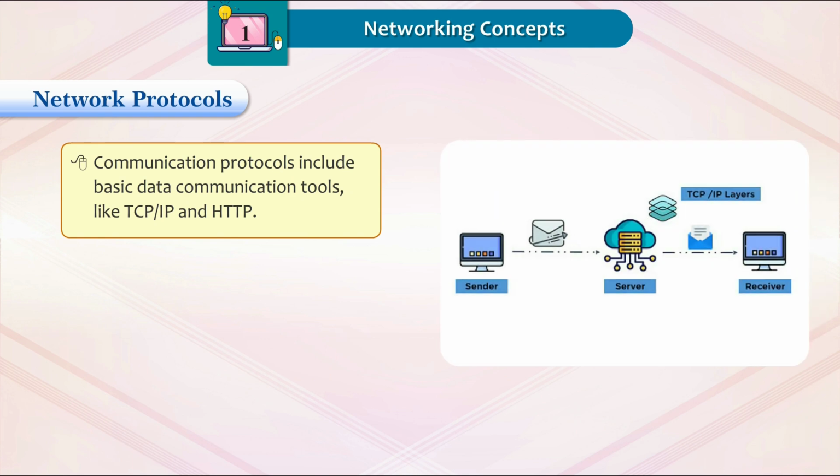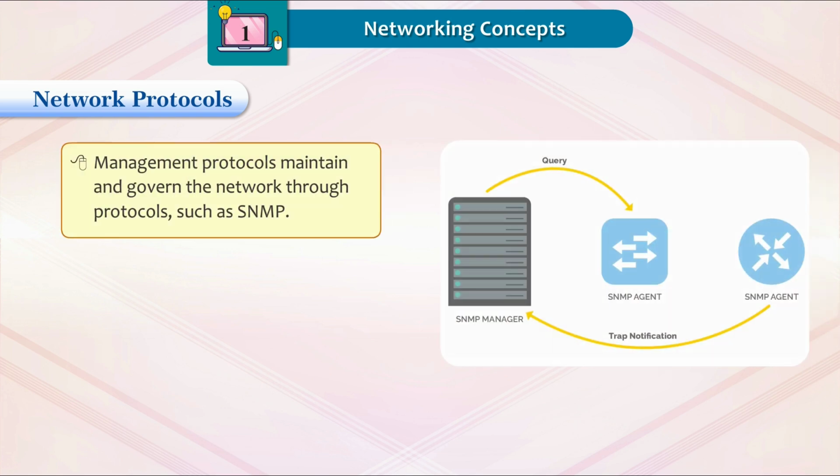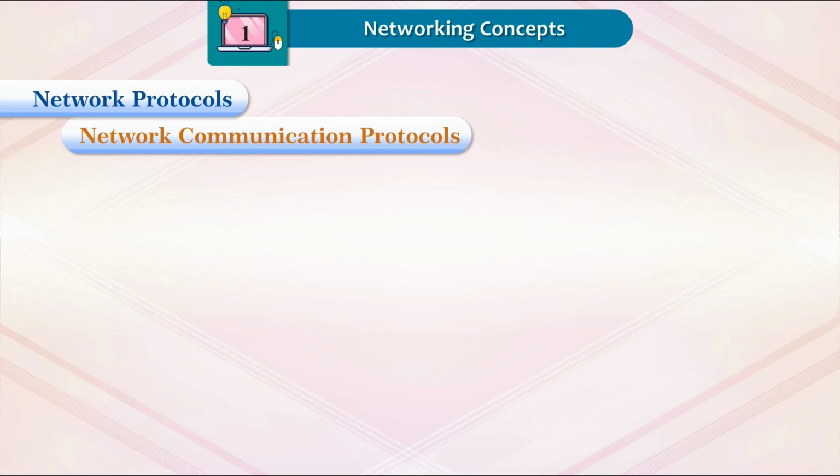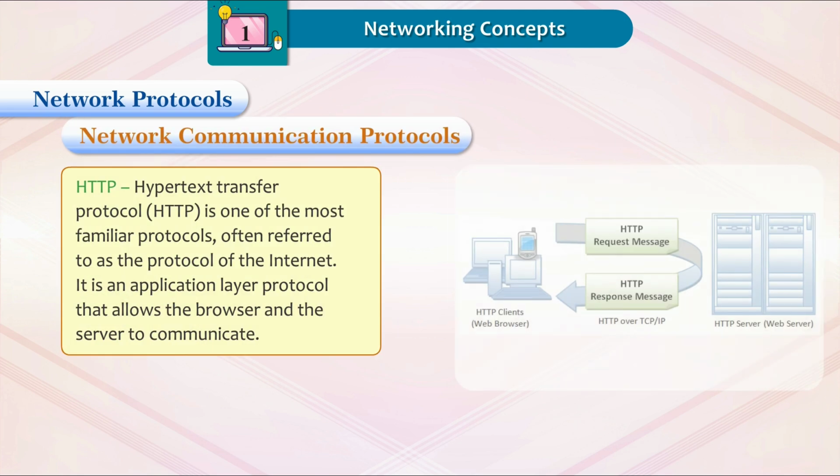Communication protocols include basic data communication tools like TCP/IP and HTTP. Management protocols maintain and govern the network through protocols such as SNMP. Security protocols include HTTPS, SFTP, and SSL.